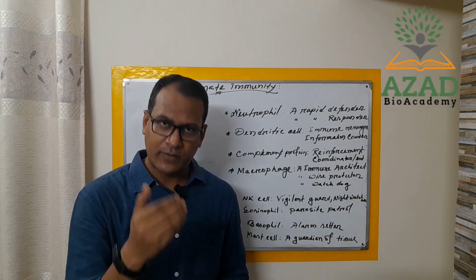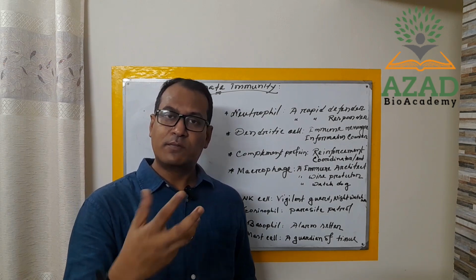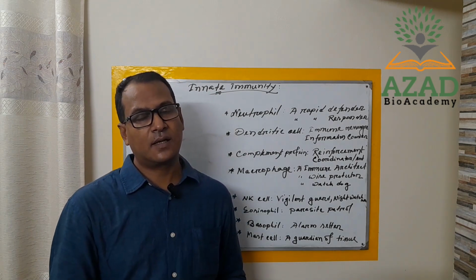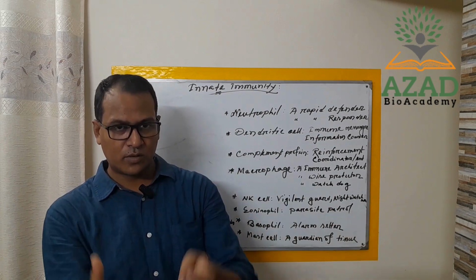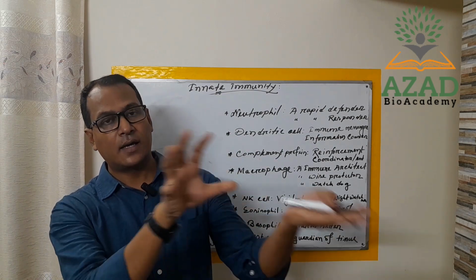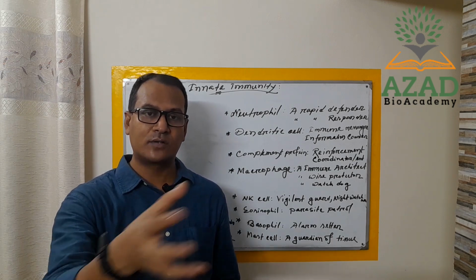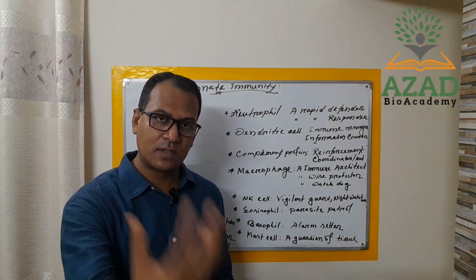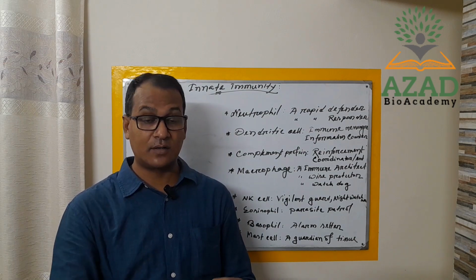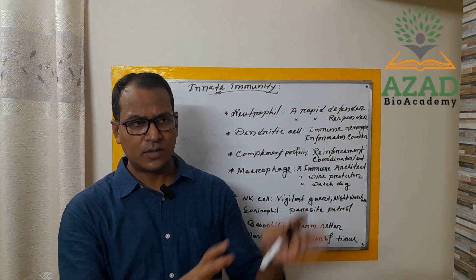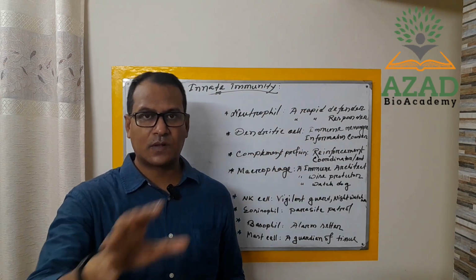So inflammation, and then another event: your immune cells will come into the affected area, and they will try to recognize it. They try to phagocytose it, and they try to kill them. So such events will occur.